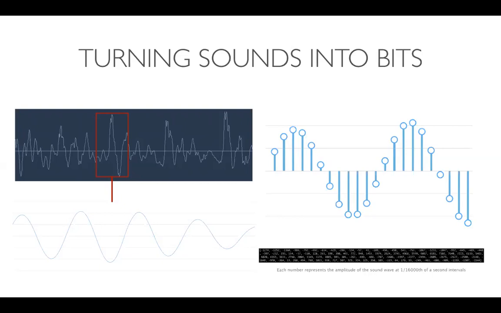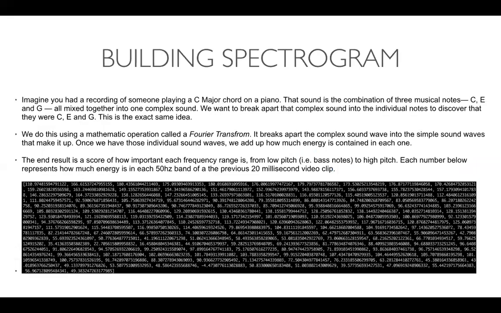How do we get the numbers? It's basically the height of the signal at equally spaced points. So in the next picture, if we take the heights at equally spaced time intervals, we will get those numbers.